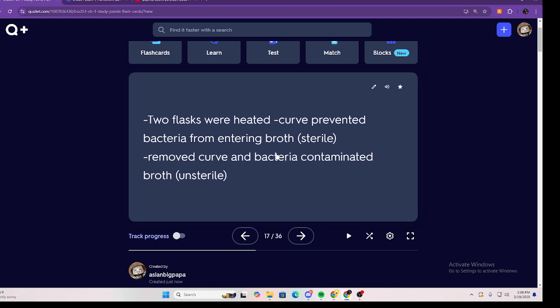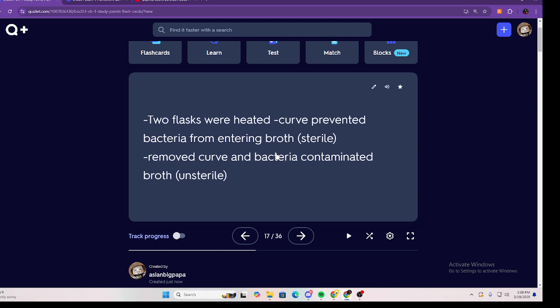His question was, if I leave this sterile broth out, will it be contaminated after a period of time? Because that's what spontaneous generation is basically saying: germs come out of nowhere. It just happens.